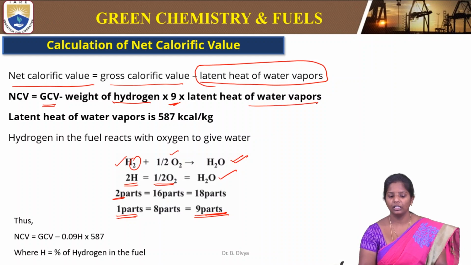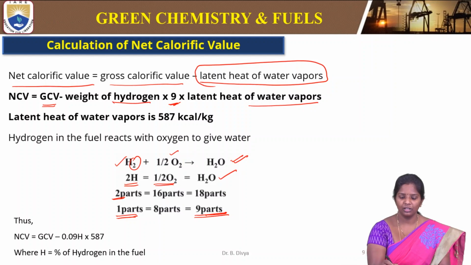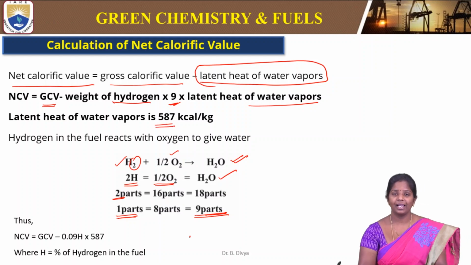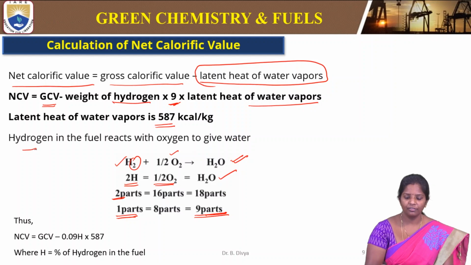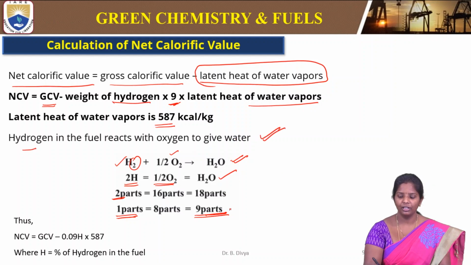For water vapors, the latent heat is a constant value of about 587 kilocalories per kg. So the hydrogen in the fuel reacts with oxygen to give water.